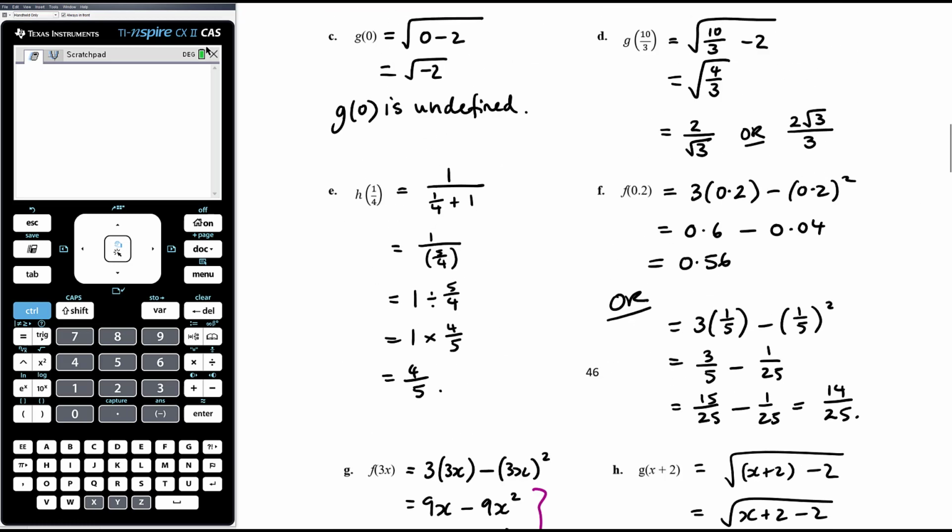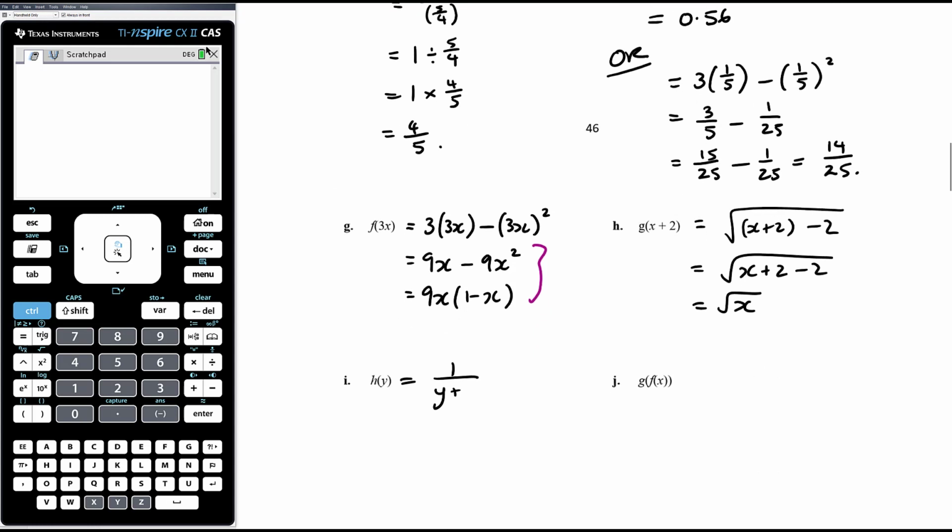1 on y plus 1 is the function, isn't it? That seems really trivial, but that's a really important thing when you're working with your CAS. So if, for example, let's say you've defined a function over here in the calculator screen that's about h of t, okay? And h of t maybe is t squared plus or minus 5t, for example. I've just made it up.